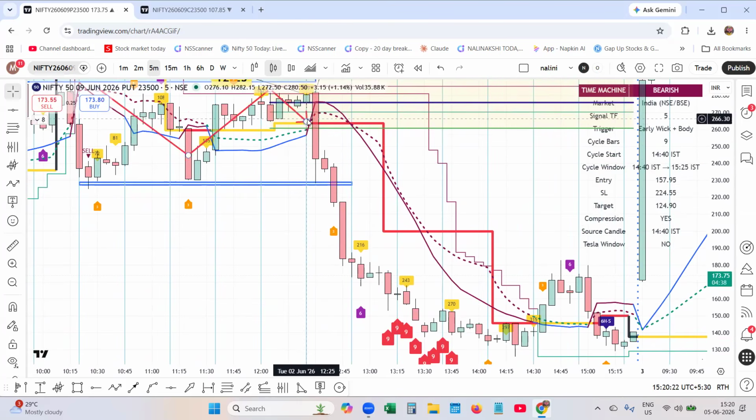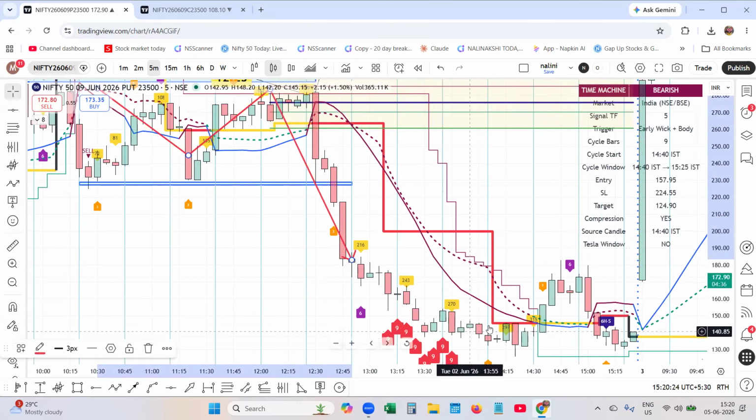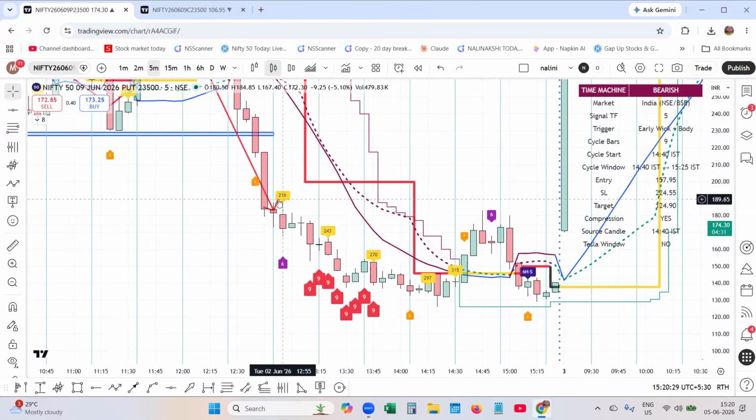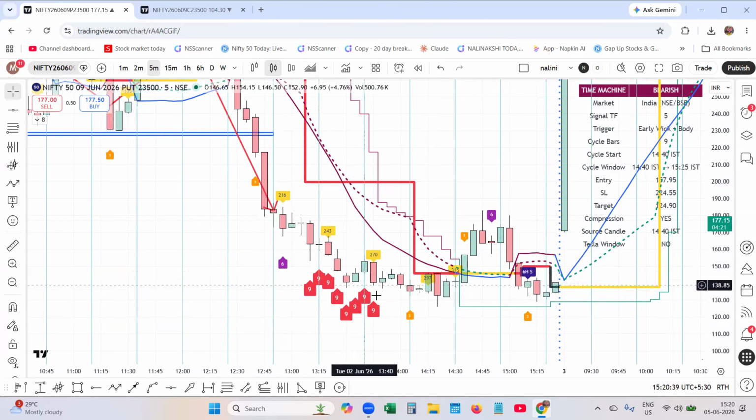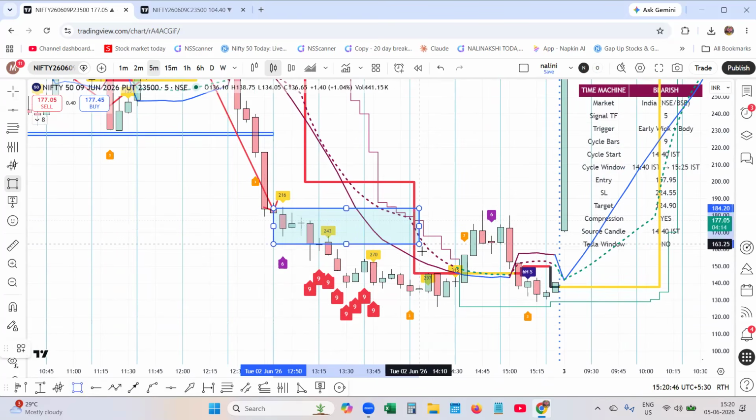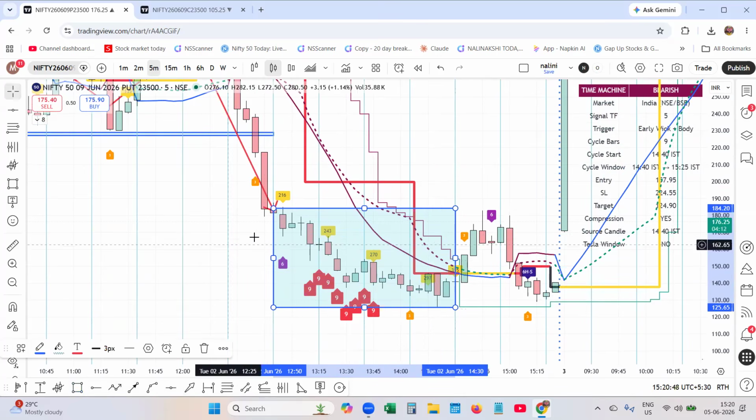It came down, down, down, again through the time cycle. The time cycle starts consolidating. From when? From 12:50 itself. The trend move is only from 12:15 to 12:45. That's it. After that, again the same thing. Market does the same thing.